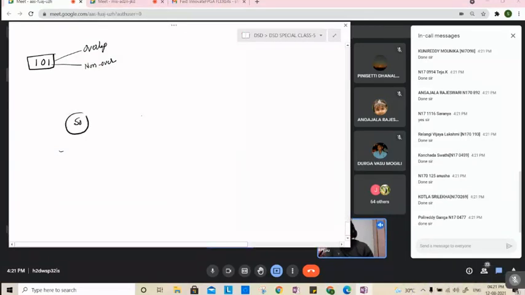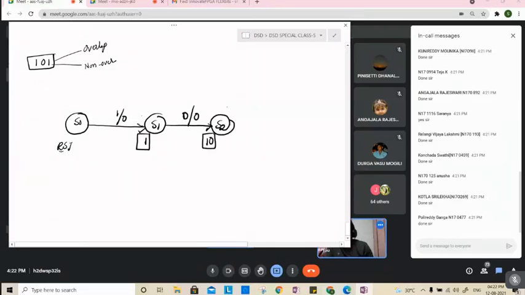S0 is my initial state. Now whenever it is 1, it moves on to S1. S1 is a state which has detected 1. Now from S1 it moves on to S2 whenever input is equal to 0. So 1 0 has been detected here.